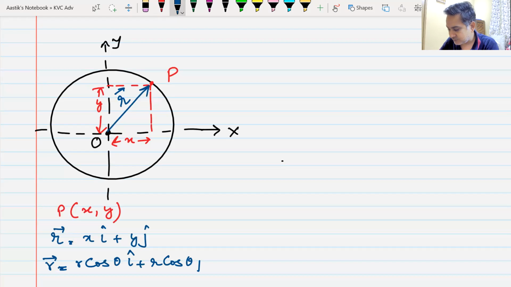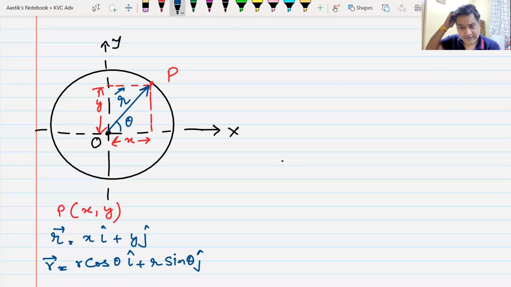I can also write it this way. Nothing new. We have seen this, right? If I call this angle theta, I can write it as r cos theta i plus r sin theta j. Yes or no?